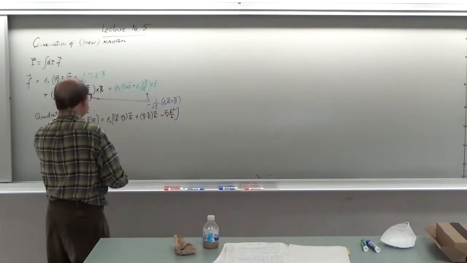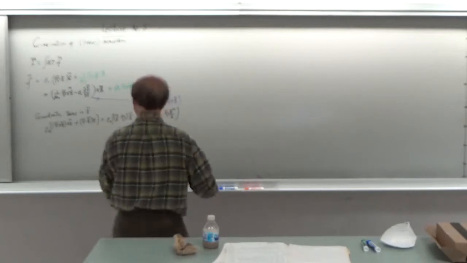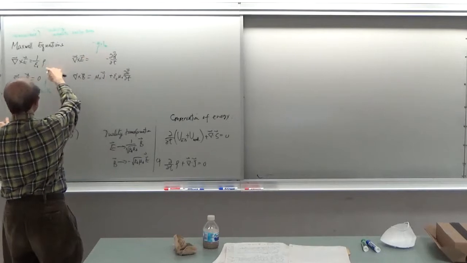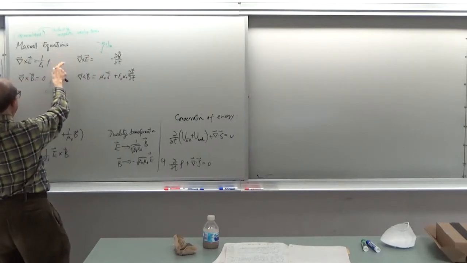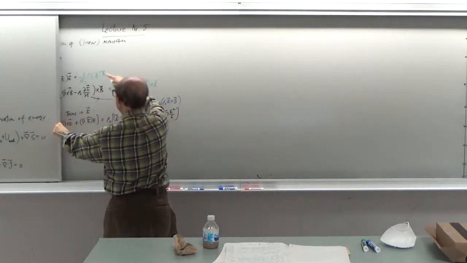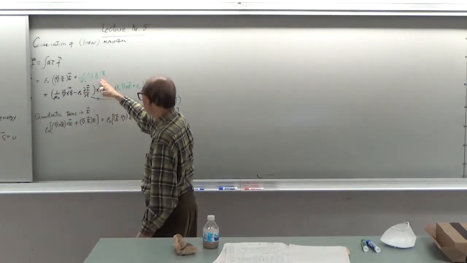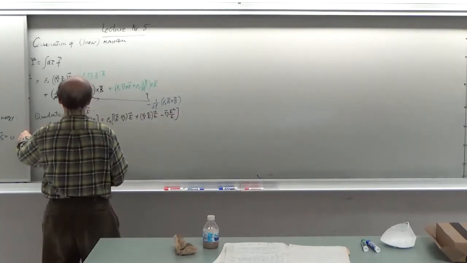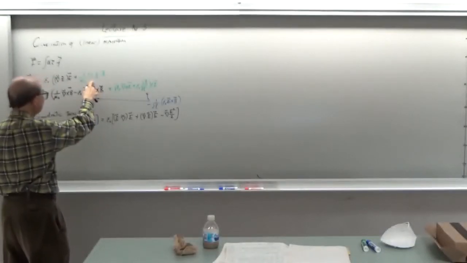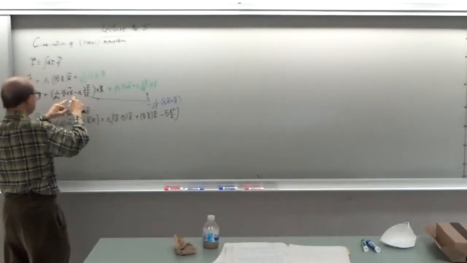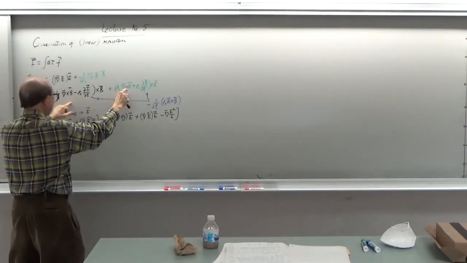This was obtained by substituting the sources by using Maxwell's equations in terms of the fields, so that everything now is in terms of E and B. The green part comes from the magnetic terms. You see right away that this term goes to that, and this goes to that, and this goes to this.